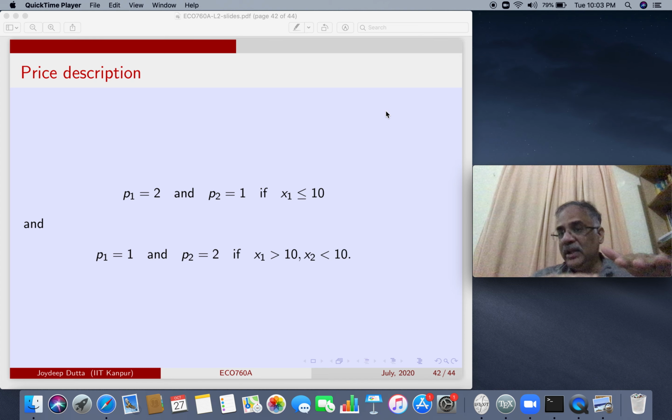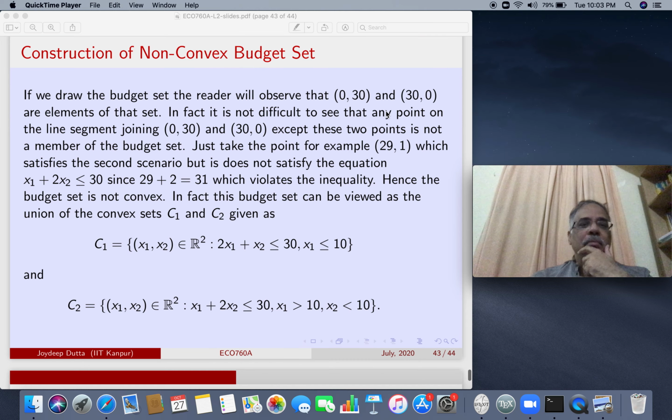Now if you look at it very carefully, let us consider the situation when x1 is less than or equal to 10. Now I decide that I'll buy x1 less than or equal to 10. Then my element has to lie in this particular set C1. Instead of budget set B1, I'm writing C1 because ultimately we will get something else, just to keep it as C1 union C2 type of thing.